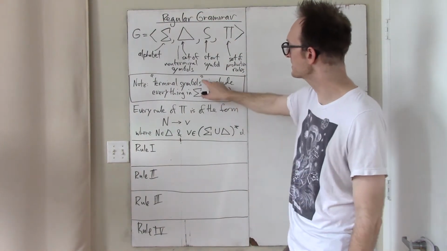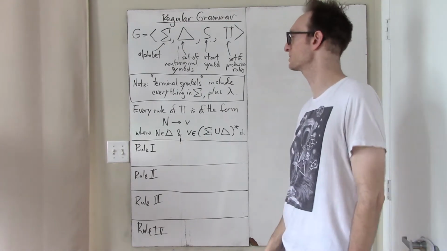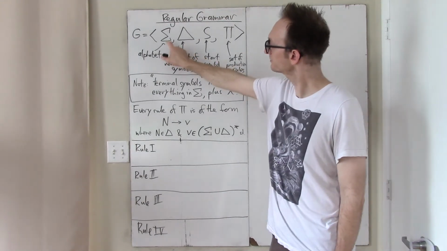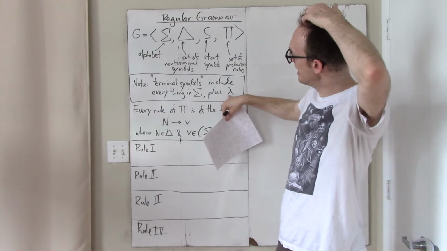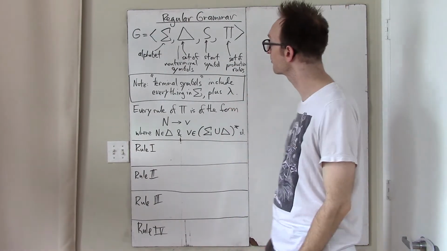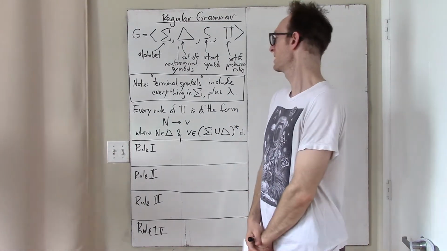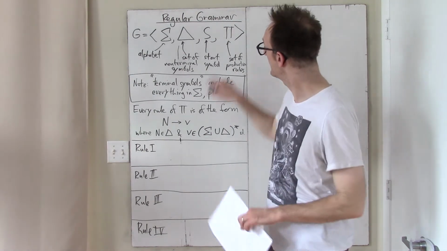And Gossett is going to use this phrase terminal symbols, and the terminal symbols include everything in the alphabet, but also we reserve the right to use the symbol for the empty string as one of our terminal symbols.